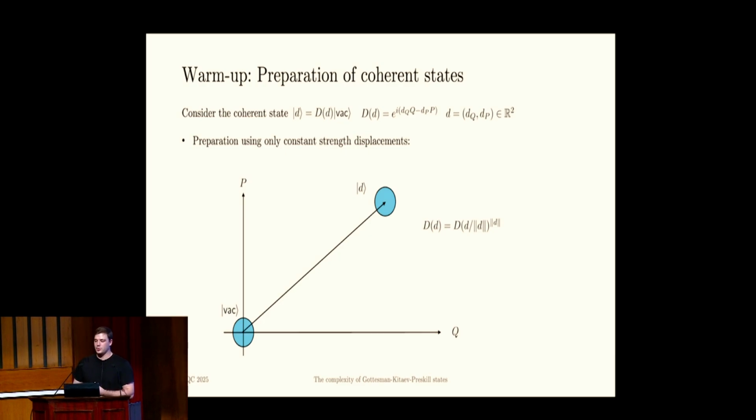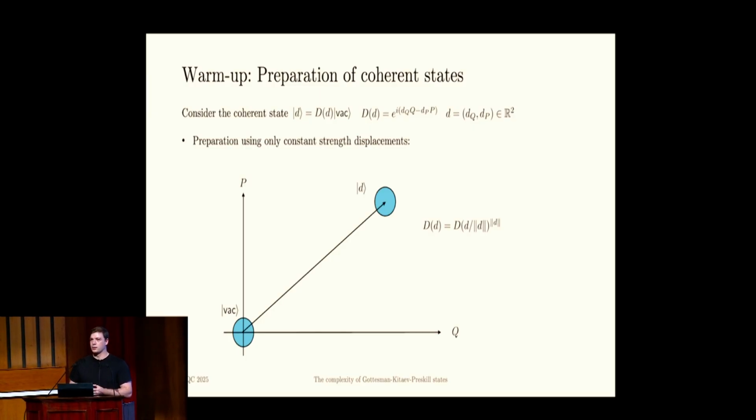We can consider the preparation of coherent states. It illustrates how the state complexity also depends on the set of operations that we allow. So let's say we want to prepare this coherent state D, being a displaced vacuum state by some vector in phase space.